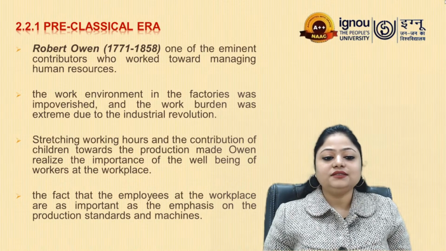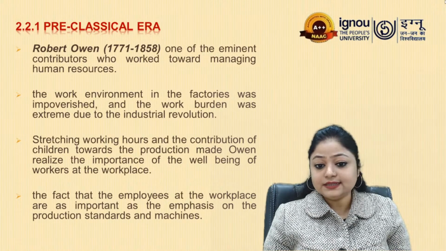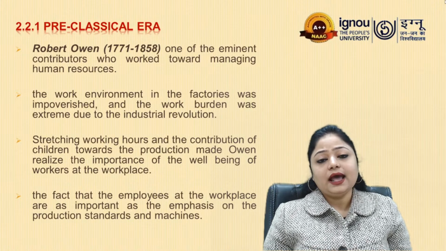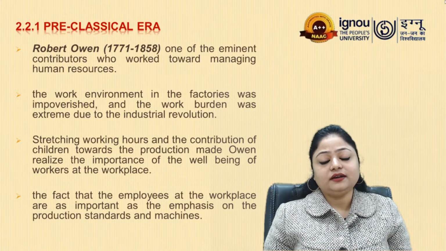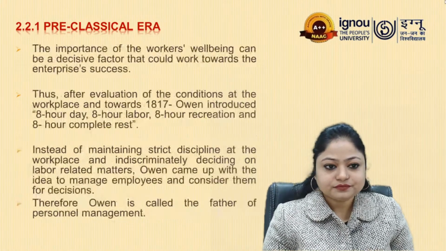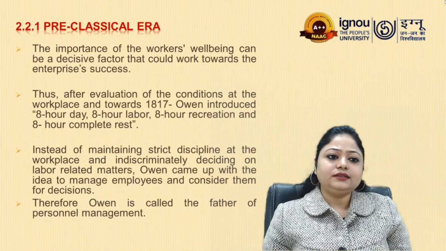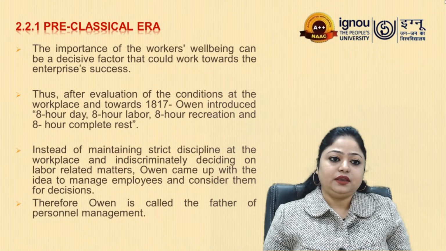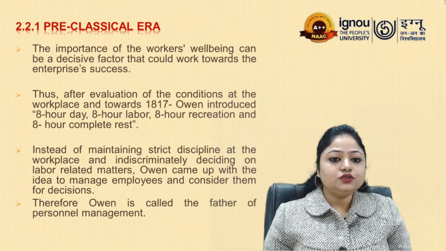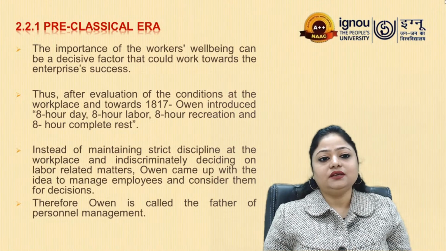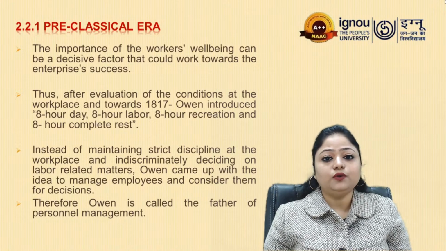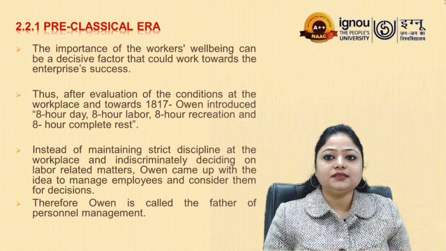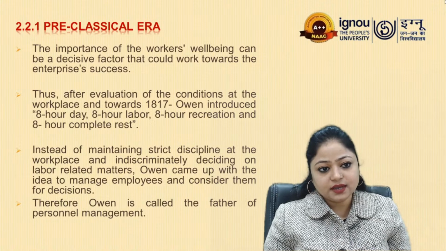So he realized the fact that employees at the workplace are as important as the emphasis on production standards and machines. So he emphasized the importance of workers' well-being and also suggested that it can be a decisive factor that could work toward the enterprise or organization's own success.